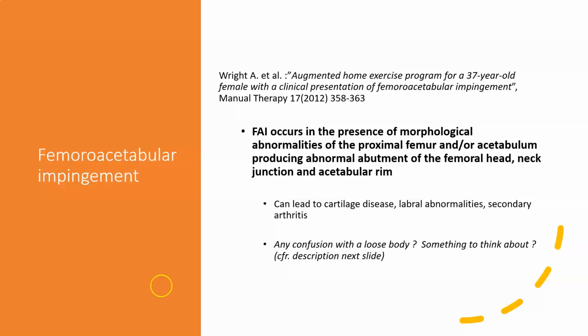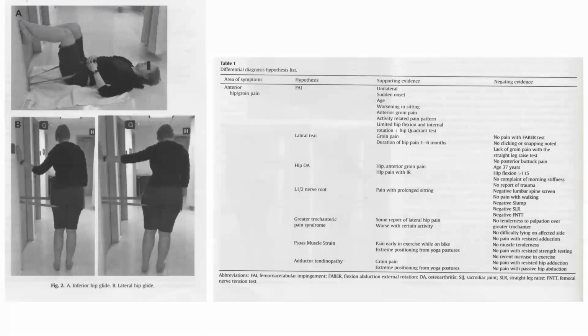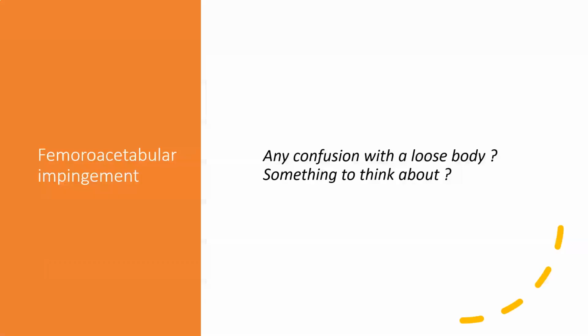And specifically in this article, they gave the patient an exercise program. And what do you notice? It's an exercise program also using some traction components. So you can imagine, if there is a structural problem, then that's not going to change too much.